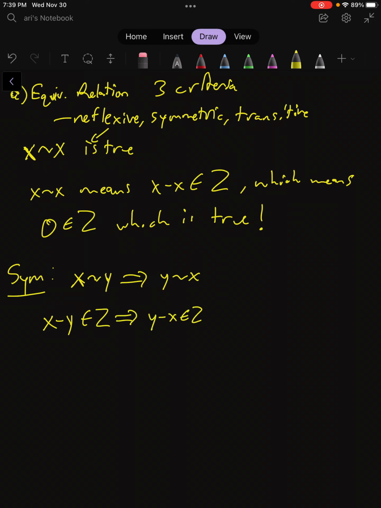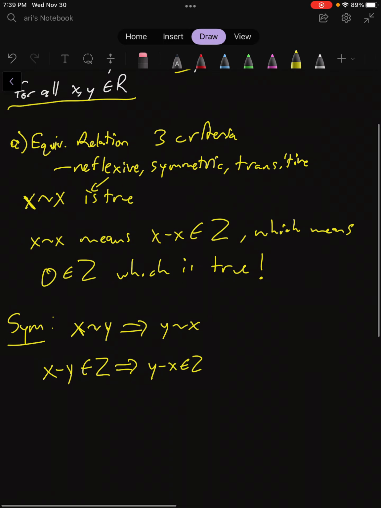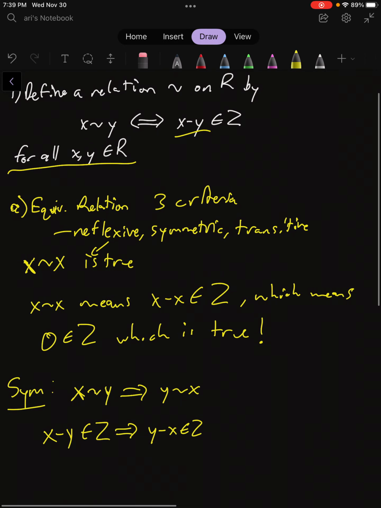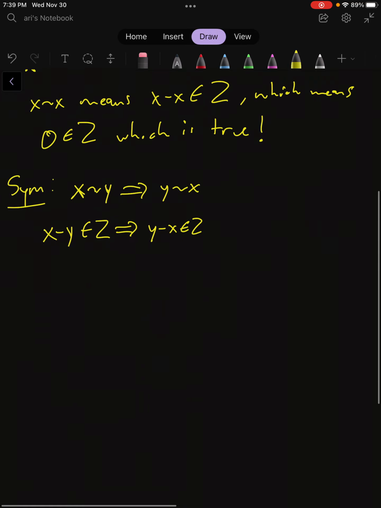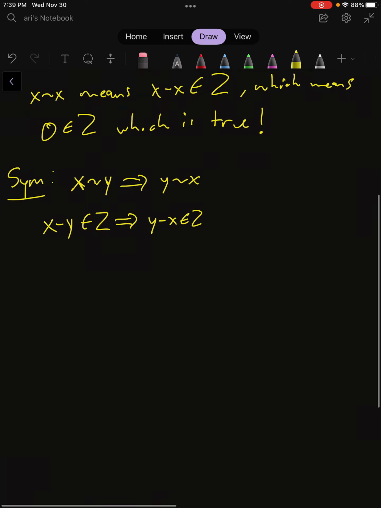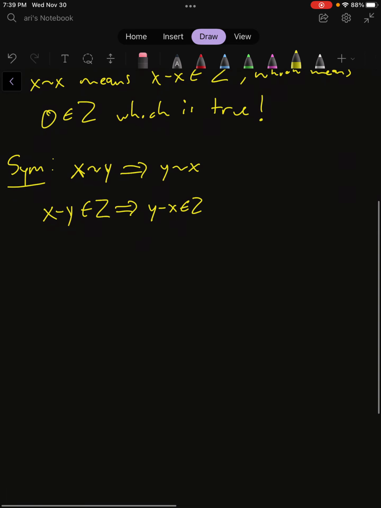And this is also kind of self-evident because of what I said at the beginning, that if they're both integers, then by flipping them around, you're still going to have an integer. And if one of the numbers is not an integer and it ends with a 0.3, then the other one is going to have to also end in that 0.3. So if you flip the order in the subtraction problem, then you're still going to get an integer.